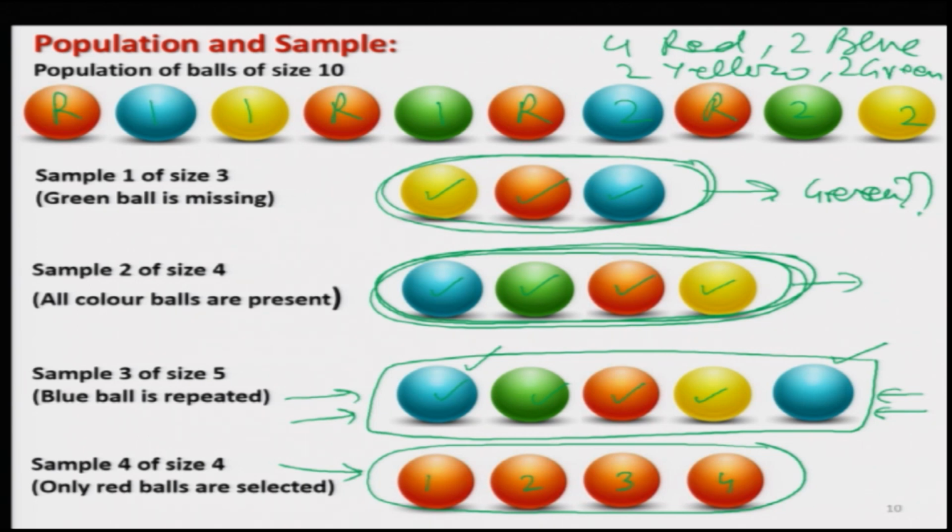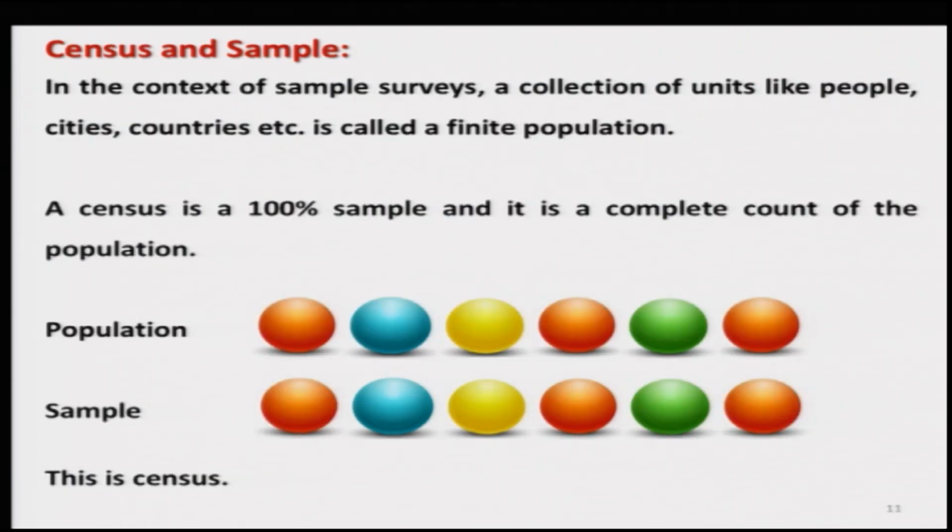One thing is clear from this example: when you are talking of a representative sample, 100% representativeness is very difficult to achieve, but there will always be some proportion of representativeness in the sample.